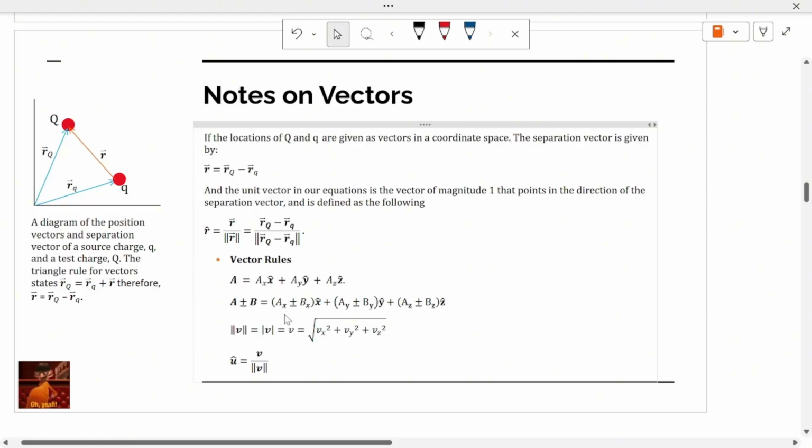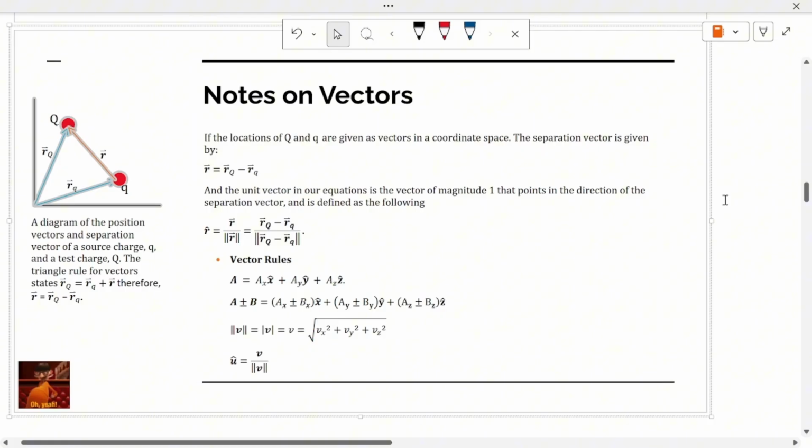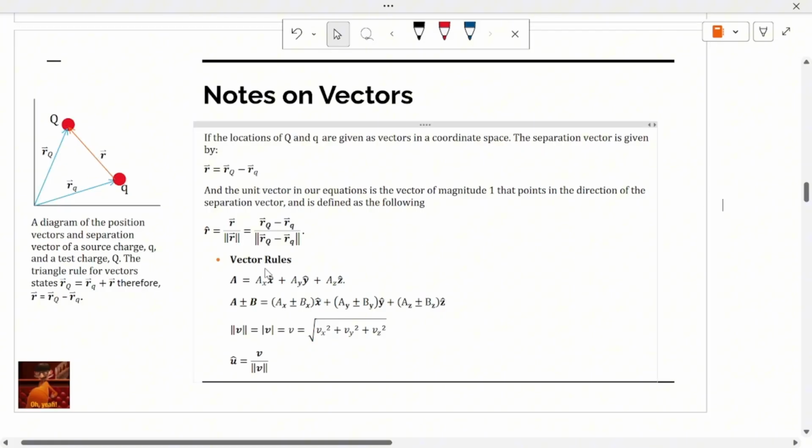And to find the magnitude, you take the square root of the sum of the squares of the xyz components, using this expression here, which is just Pythagoras' theorem. Each vector can be broken up into xyz components. Most of the time it's either going to be x and y. And to sum the vectors, you sum each individual component.